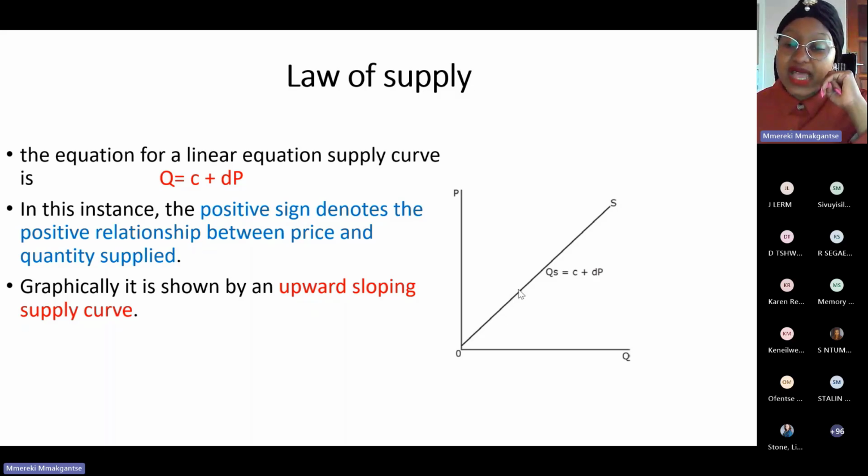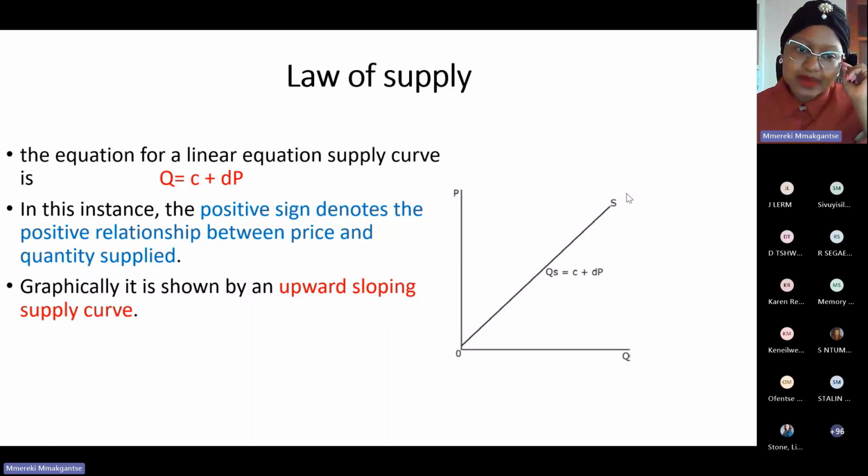If the price goes down, the suppliers will provide less of that product. So this is an upward sloping curve. It starts small and goes up with the price: price increase, quantity increase.